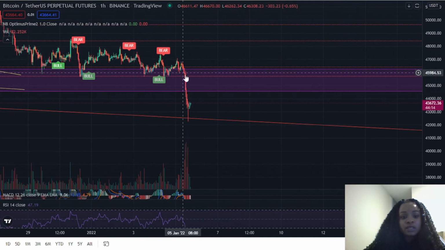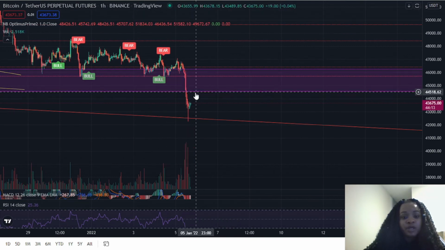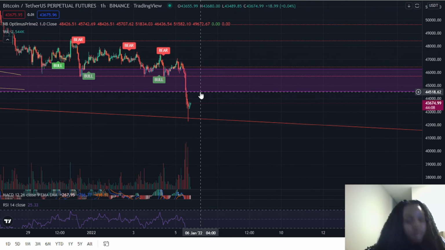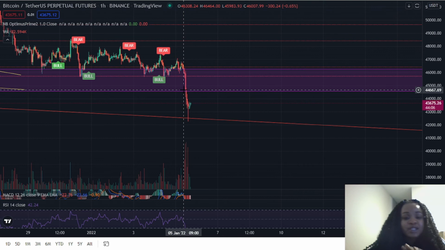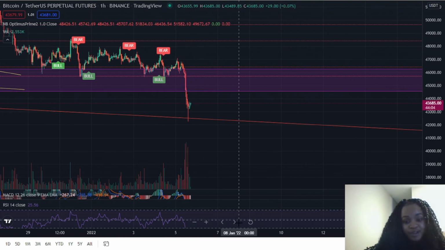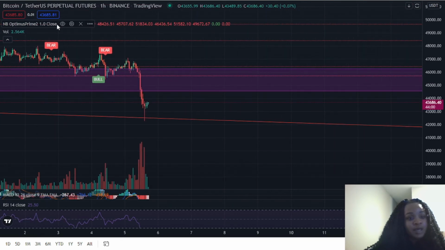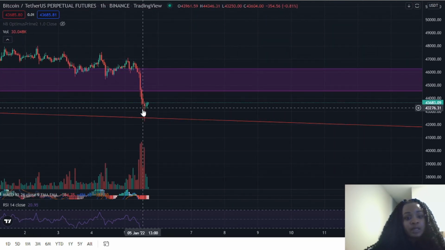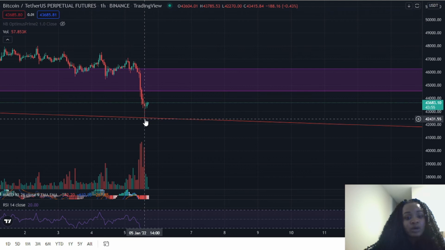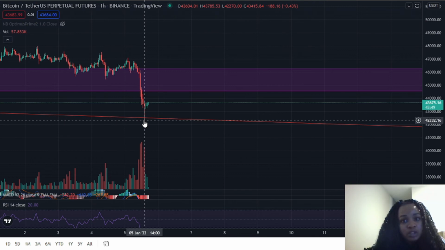So I can see here that Bitcoin has broken this major support level. Okay, now since it broke that, we can see though that the moment it got to this price level here, this candle here, it went all the way down to 42,270.